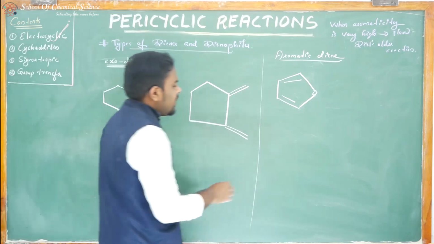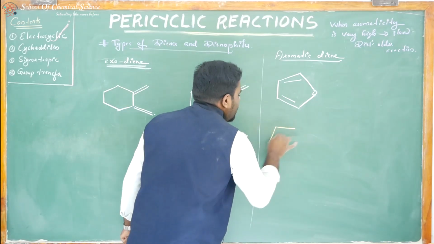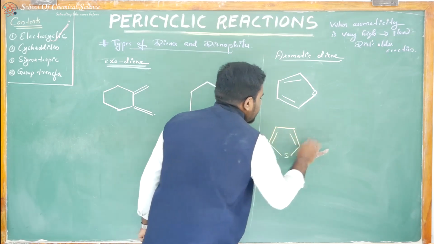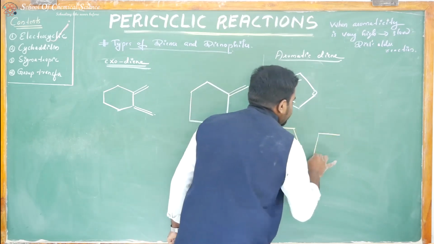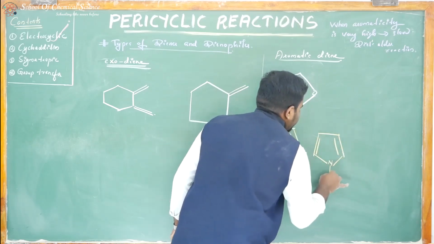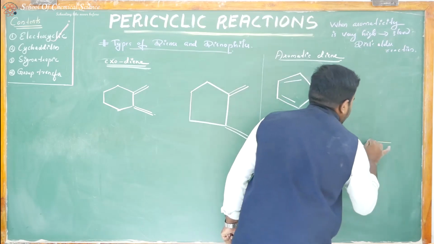For example, compare these three aromatic systems. First one, thiophene. Next one, pyrrole. Next one, furan.